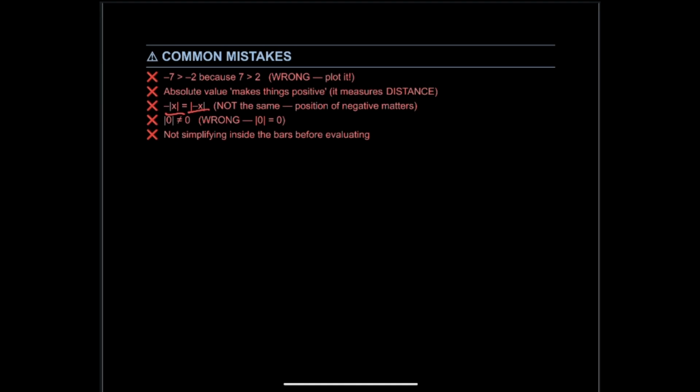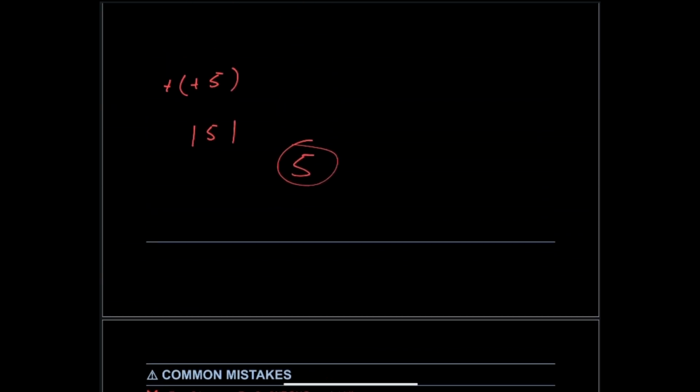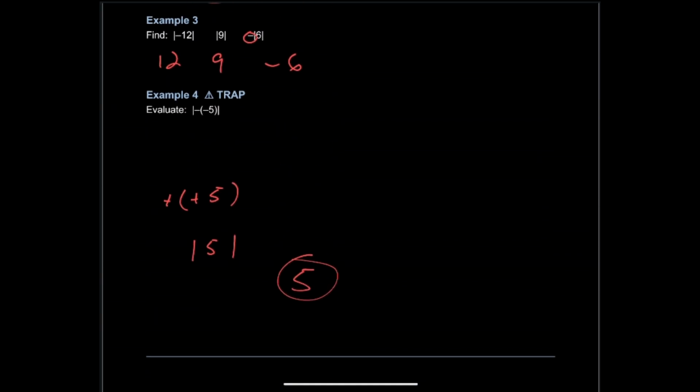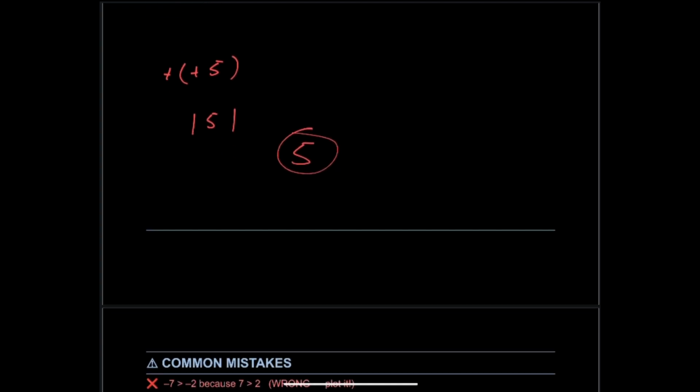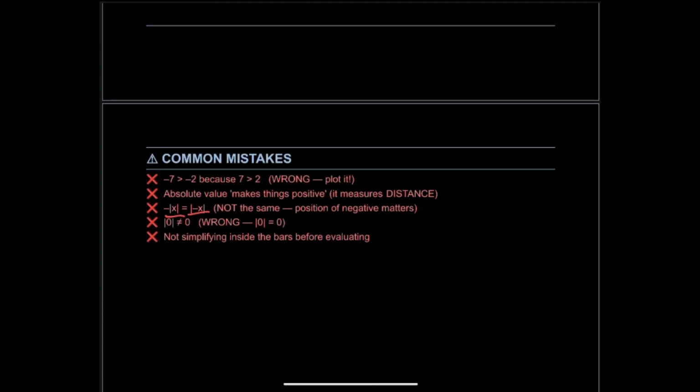If you're on the line of scrimmage, you're not 1 yard away from it or 1 yard behind it. You are on the line of scrimmage, so you're 0 yards away from it. Now, simplify inside the bars before evaluating. Like we did on the problem where we had -(-5), you want to simplify it as much as you can and then find the absolute value from there.